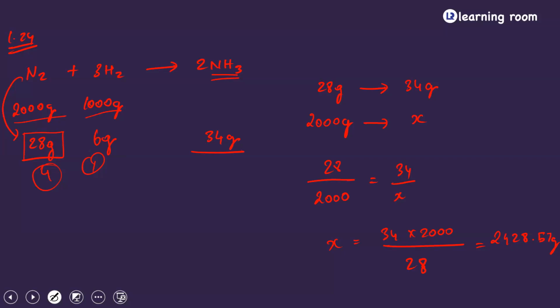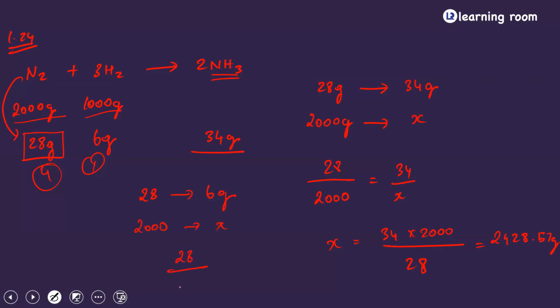So now I have to identify what will be the mass of hydrogen that reacts with 2000 grams of nitrogen. Only if you know the mass reacted, you can identify the mass unreacted. So for 28 grams, you are getting 6 grams of hydrogen. So for 2000 grams, how many grams of hydrogen do you get?